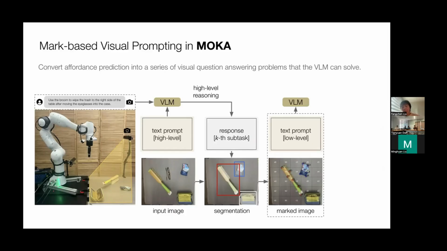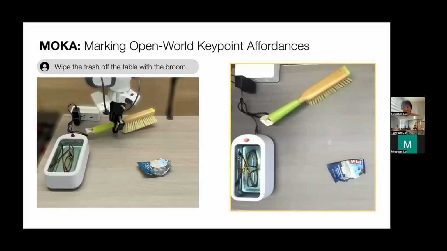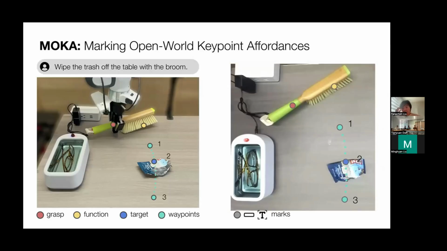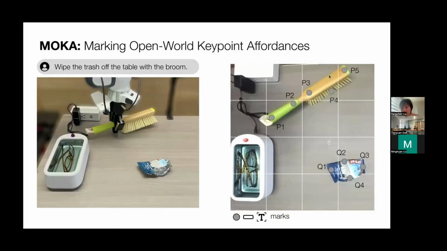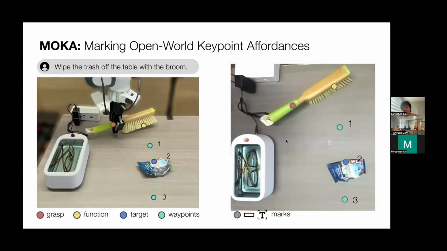Then we ask GPT-4 which points are the grasp point, which points are the function point, and which tile each waypoint belongs to. Then GPT-4 answers, like, P2 is a grasp point, P4 is a function point, and so on. So we got the answer from GPT and then hard code a bunch of primitives to grasp, reach, and sweep.